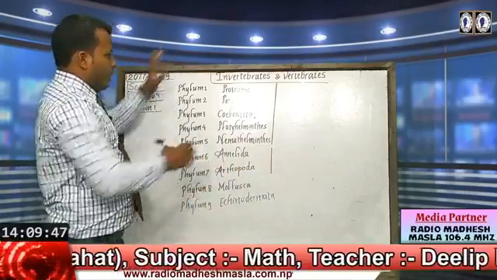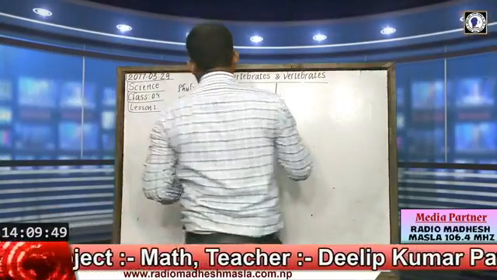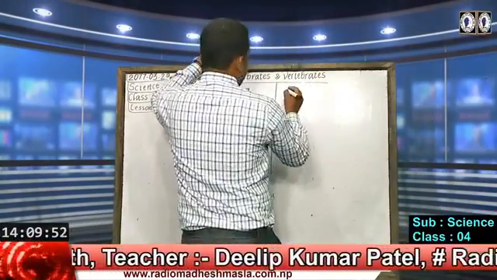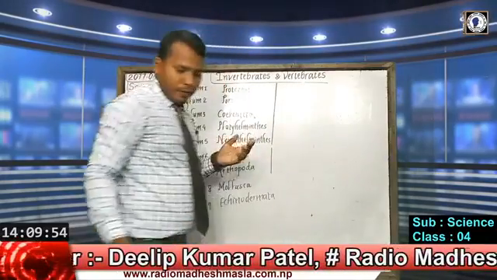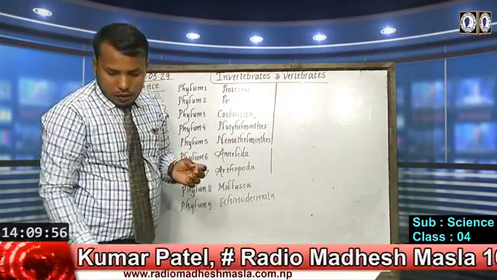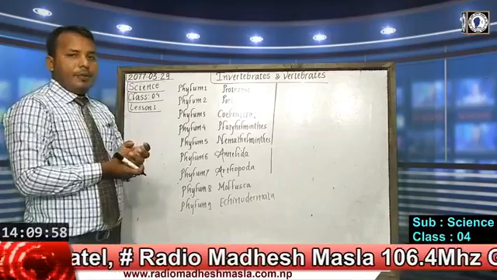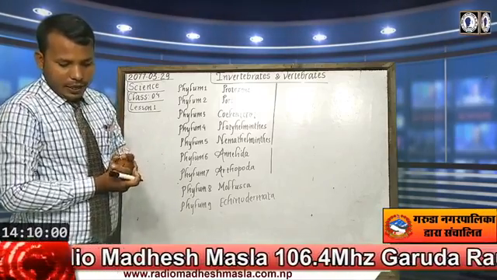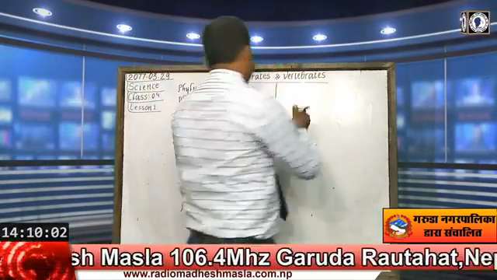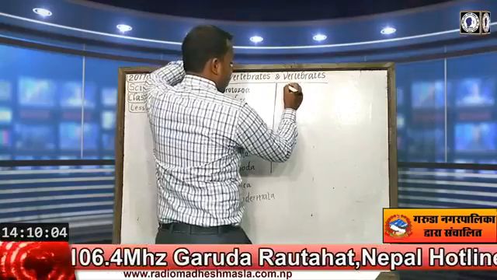And vertebrates are divided into 5 groups. They are fishes, amphibia, reptilia, aves and mammals.